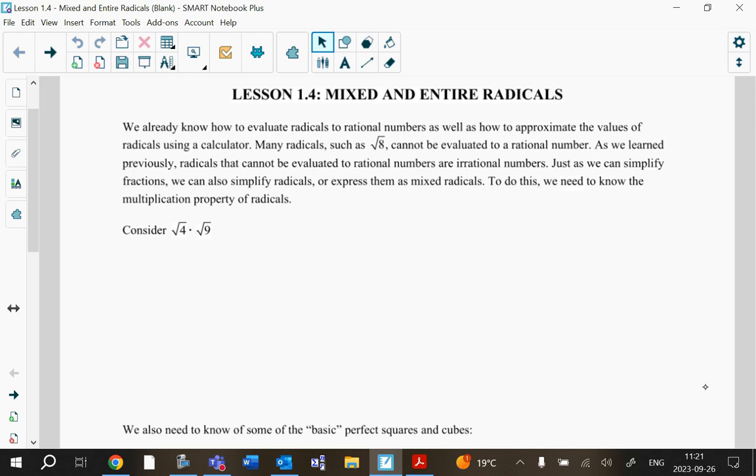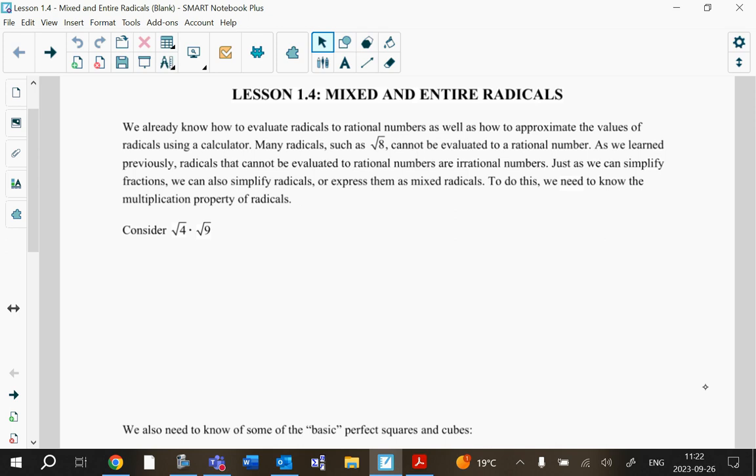If I said, what's the square root of 36? You would say 6. If I said, what's the cube root of 27? You would say 3. However, there are many that we can't evaluate exactly.